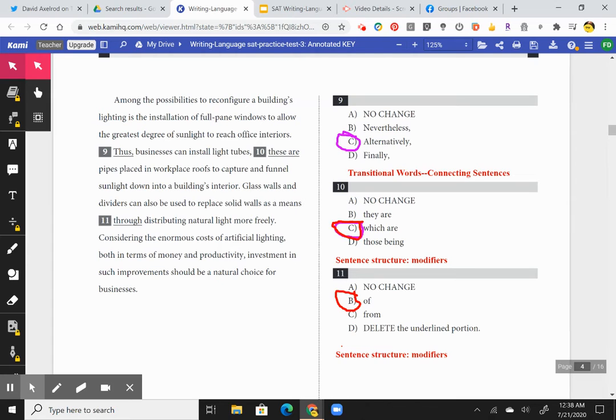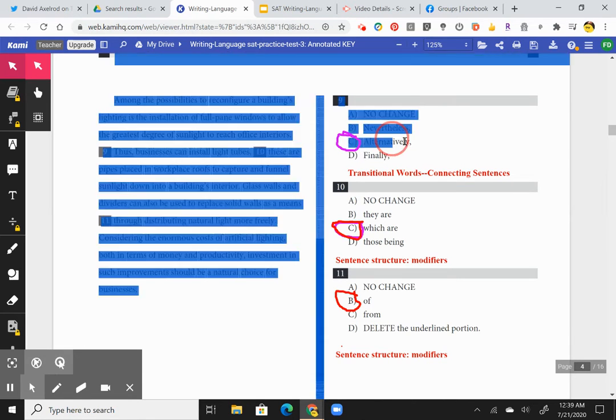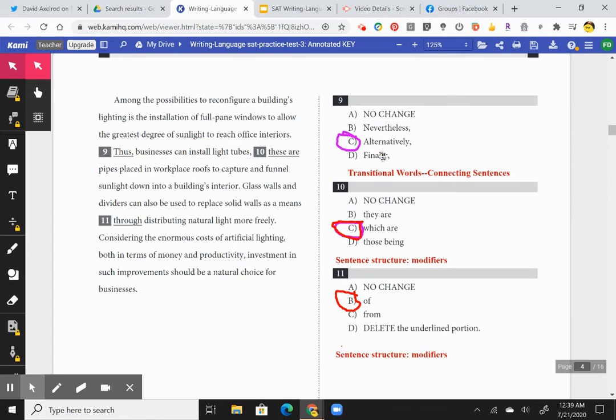That's not a connection to reconfiguring full pane windows. Light tubes are different. So would it be nevertheless? No, it's not a continuation. So what type of transition word do we need here? We need a transition word of contrast, so alternatively would be our best choice. When you're looking at a transitional word, decide what type of transitional word you need.